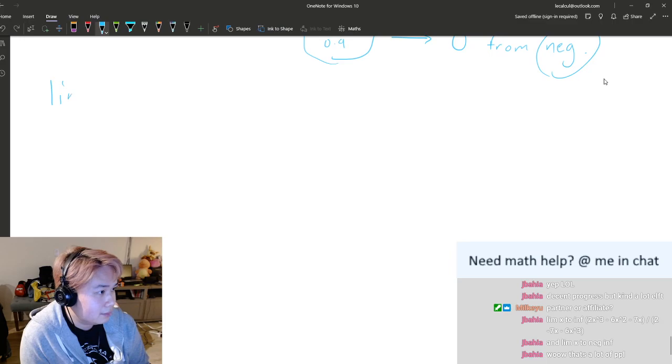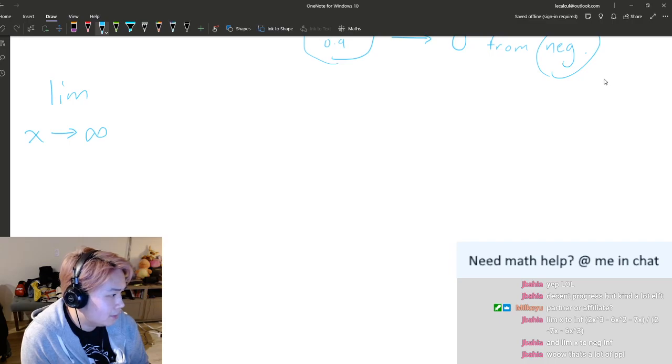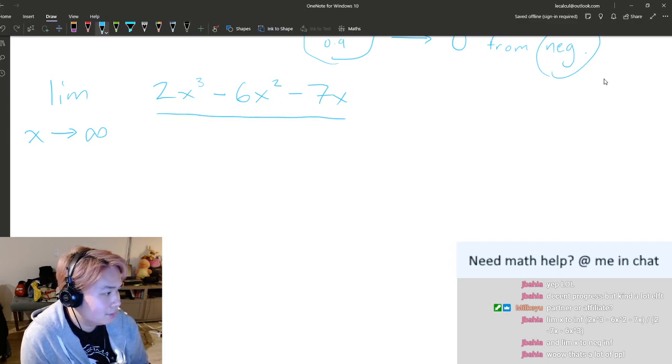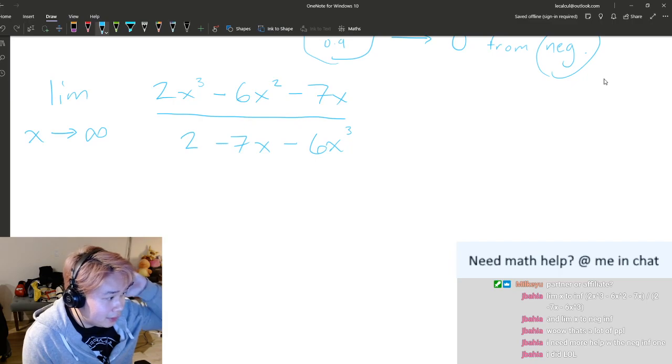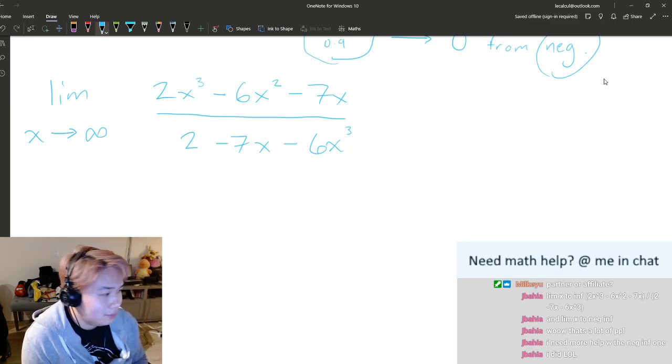Okay. Next question. Limit to infinity. What's the issue with this one? This one's pretty standard. Did you even try this one? You need more help with the negative infinity one. So do you want me to do infinity or negative infinity?